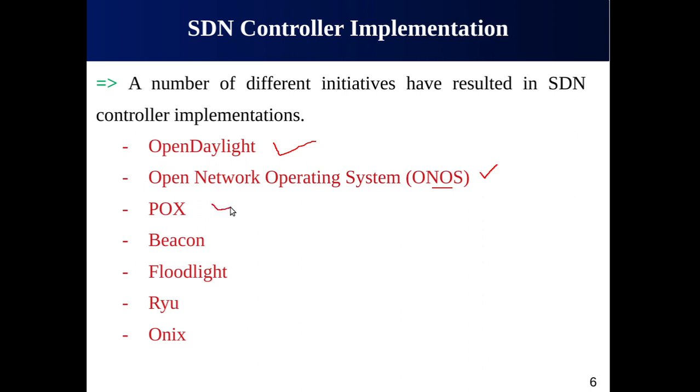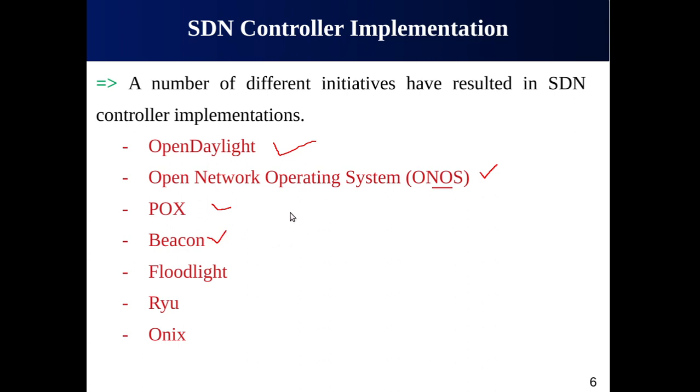The third one is POX. It is also an open source OpenFlow controller, and it is implemented by a number of SDN developers and engineers. It provides a web-based graphical user interface. And the best thing about POX is that it is written in Python. Besides, we have Beacon.